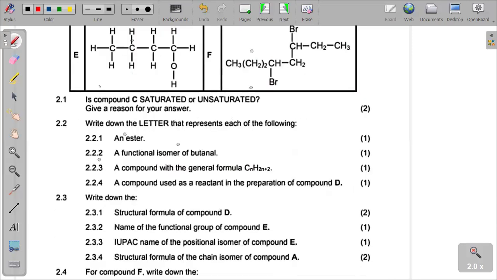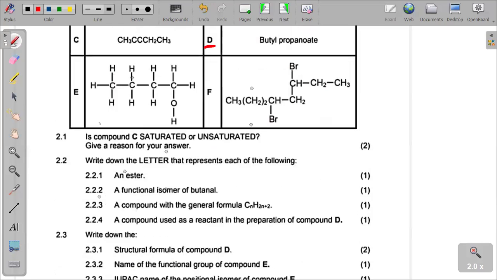Then 2.2.2, functional isomer of butanol. What is a functional isomer? Functional isomers are compounds that have the same molecular formula but different functional groups, which means they belong to different functional groups. And as a matter of fact, butanal is an aldehyde. So aldehydes usually form functional isomers with ketones that have the same molecular formulae with them, right?